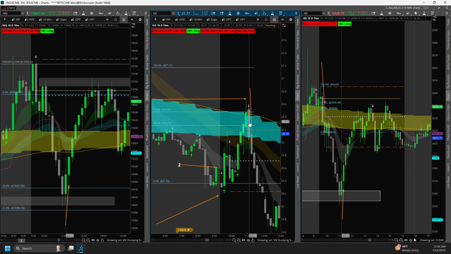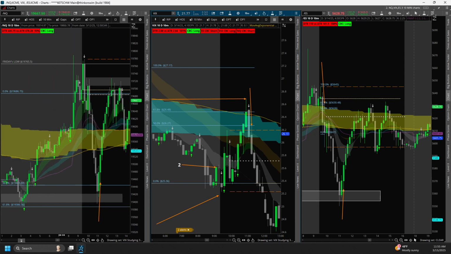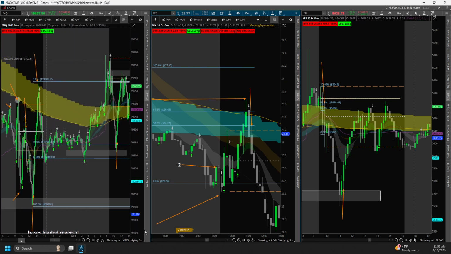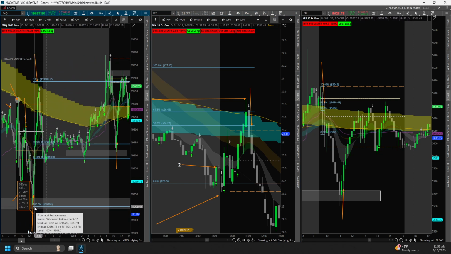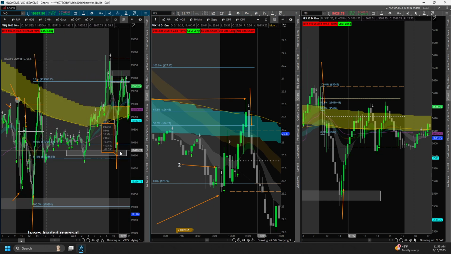And so here's an example of VIX telling me ahead of time that a reversal is possible. On top of that, if you look at the NQ move from the prior day, we had again gone back into the golden zone of that move after making a higher high.